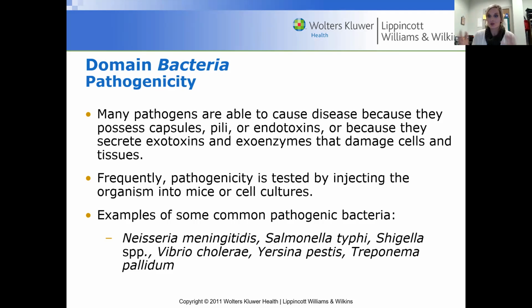But what these exotoxins and exoenzymes are going to do, they're going to damage cells. And that's what causes them to be destructive and cause disease in the human body. Frequently, pathogenicity is also tested in the laboratory. What they do is they inject the organism into mice or sometimes cell cultures and see how that bacterial cell causes that infection and what it does.